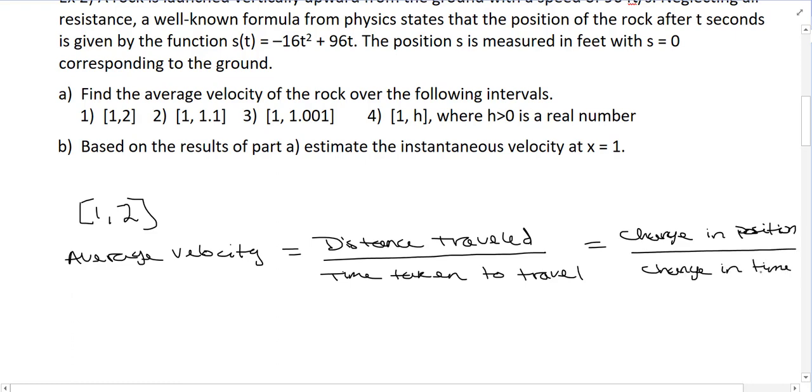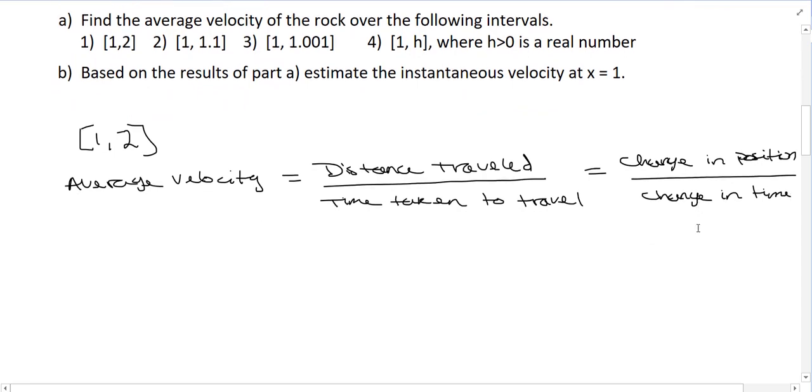And think about with that first example about you driving 40 miles, right? The distance traveled is from your initial position. So if you were at home or at school, and that's your initial, and then you travel 40 miles, that will be your ending position. So then the distance traveled is that change in position. And then the time taken to travel is the change in time.